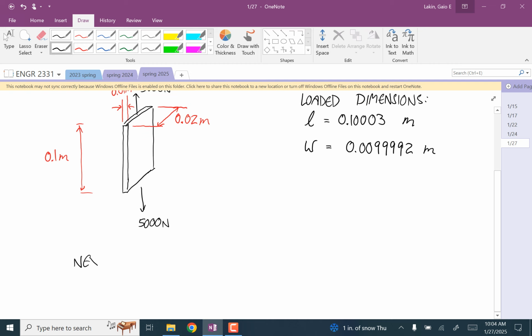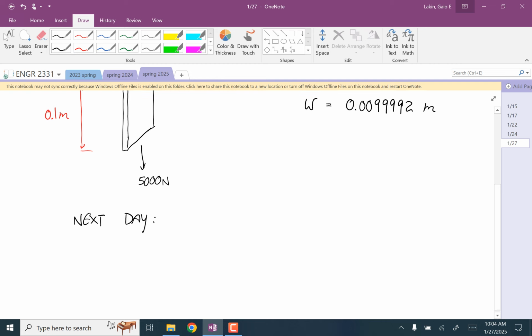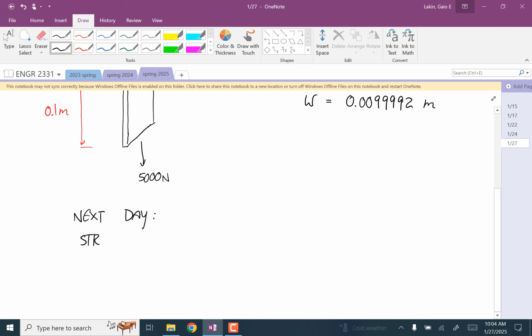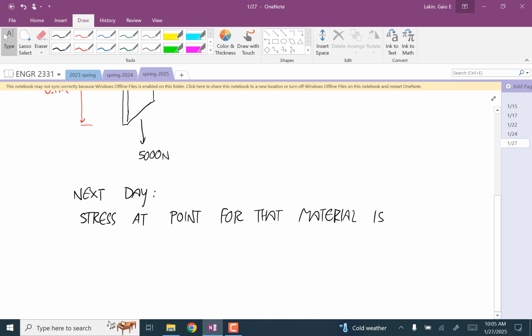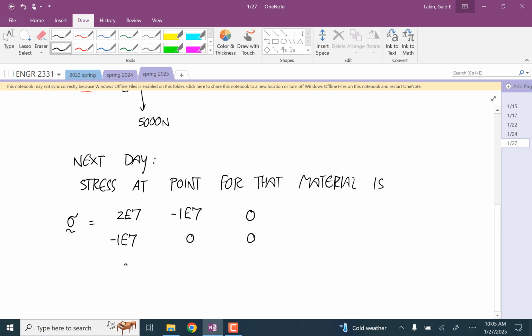And then the next day, after we have a nice breakfast and a restful sleep, the stress at a single point for that material is 2 times 10 to the 7th, -1 times 10 to the 7th, 0, -1 times 10 to the 7th, 0, 0, 0, 0, 8 times 10 to the 6.